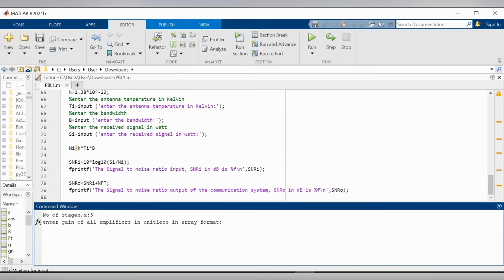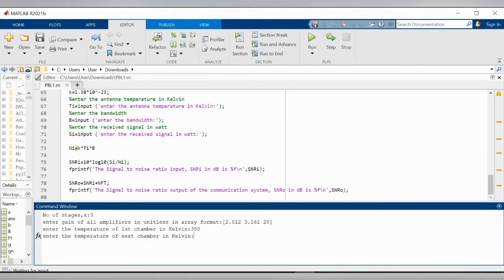So it's the square bracket, and the gain of the first amplifier is 2.512, space, and then the second one is 3.162, space, and then the third one, which is 20. Enter. After this, we have to enter the temperature of the first chamber in Kelvin, which is 350.